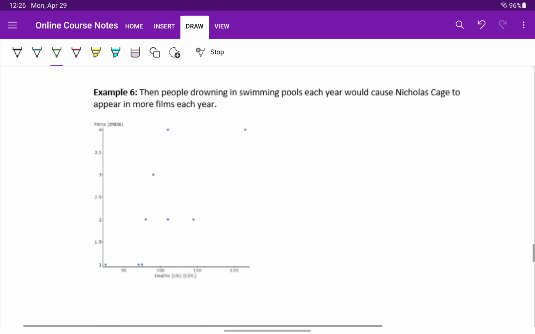In example 6, it would tell us that people drowning in swimming pools each year would cause Nicolas Cage to appear in more films each year. This correlation isn't quite as strong, but 0.6660 is closer to 1 than it is to 0.